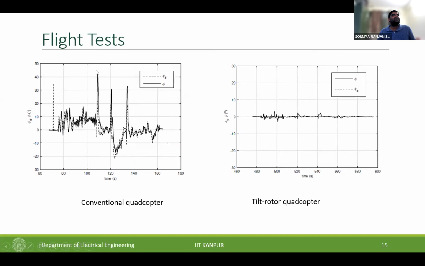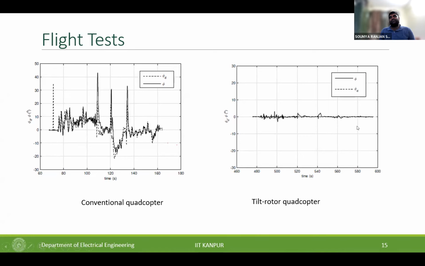The highest one that you see is 40 degrees, and on the negative side, the roll angles have gone to as high as minus 20 degrees. Okay, so this indicates that the conventional quad rotor needs to roll so as to generate these forces and move in a particular direction.